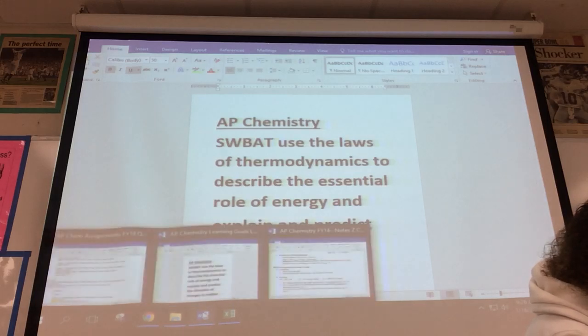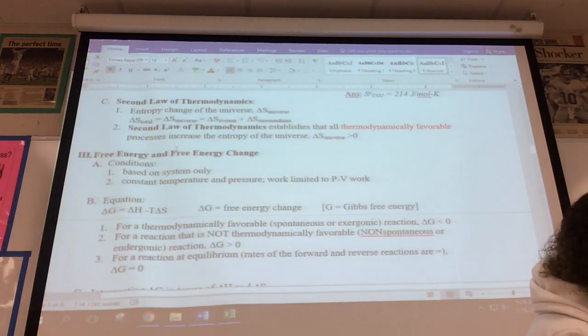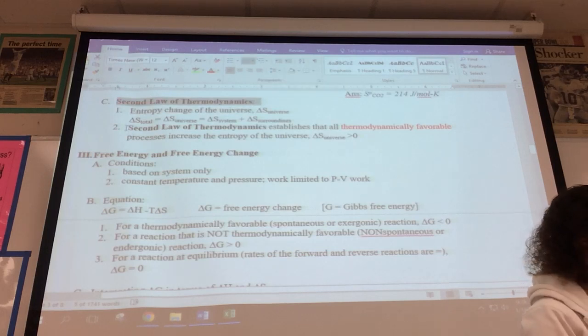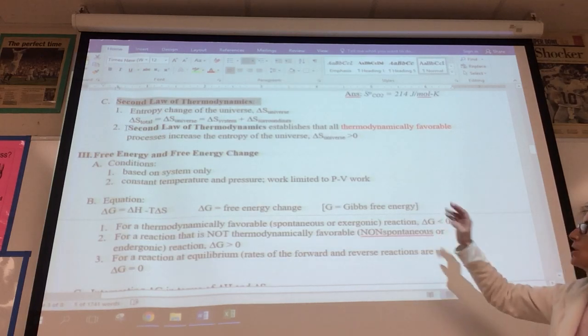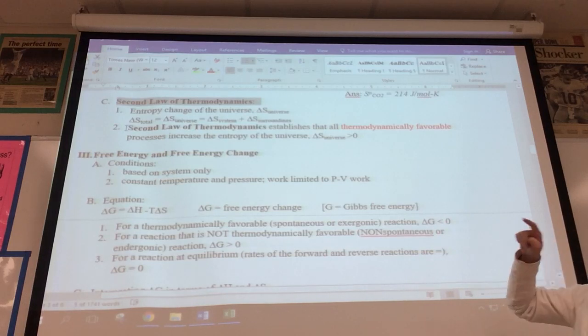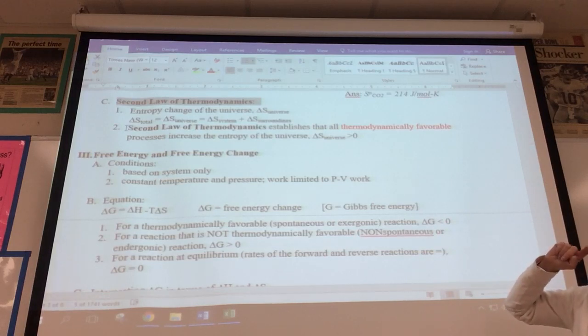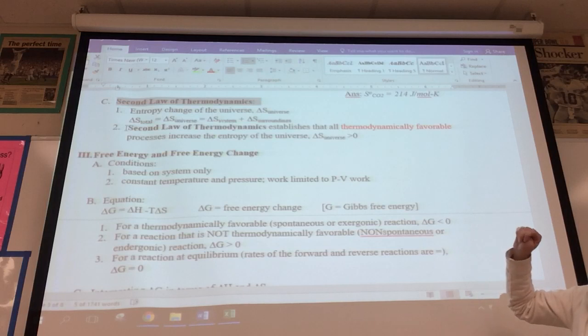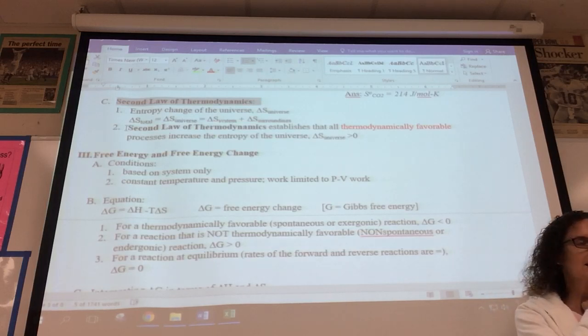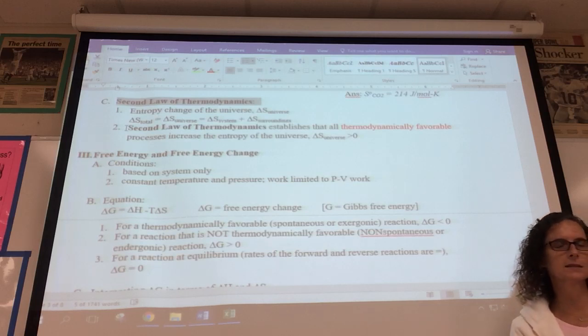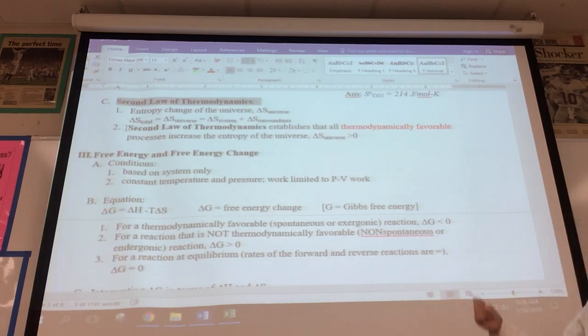And then finally, the second law of thermodynamics talks about entropy change of the universe, and you can calculate total entropy or the entropy of the universe in regard to the sum of the entropy of the system and the surroundings. Any entropy lost by the system is gained by the surroundings, and vice versa.